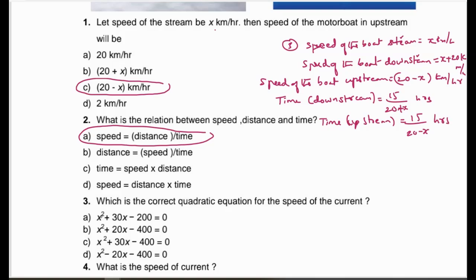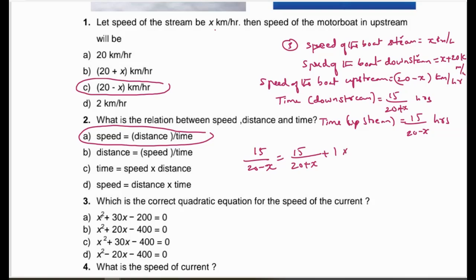Now if the time taken upstream is 1 hour more than the time taken downstream, it can be written as 15 by 20 minus x equals 15 by 20 plus x plus 1.